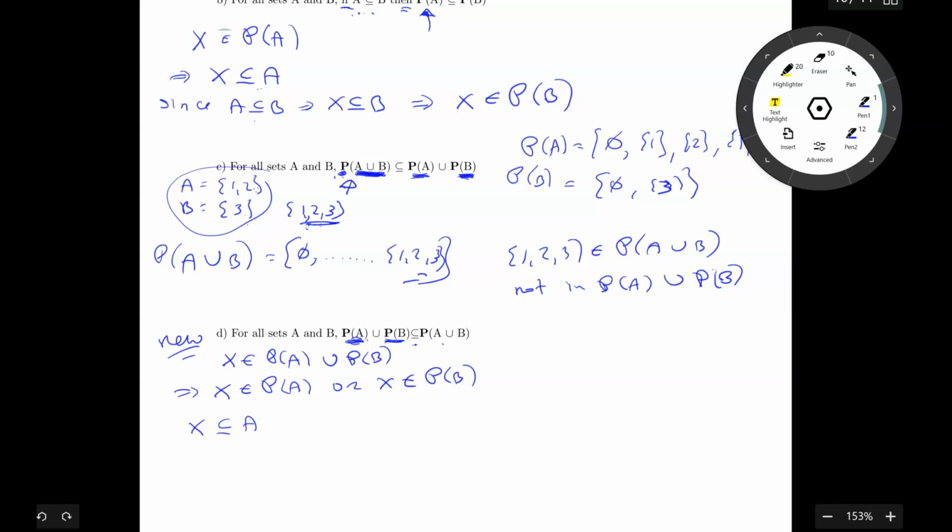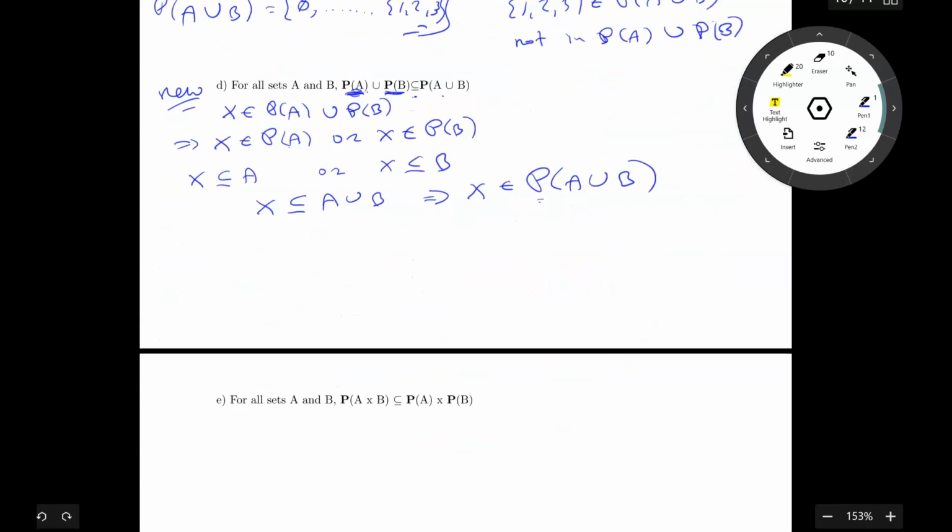Because if it's an element of the power set, it's a set that's in A, or X is a subset of B. So that means X is a subset of A or B. And what does that mean? If it's a subset of A or B, that means that X will be an element of the power set of A or B. It's going to be one of the subsets of.